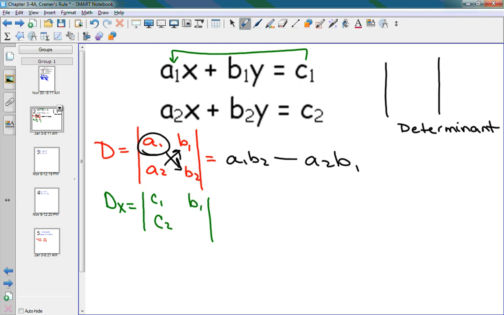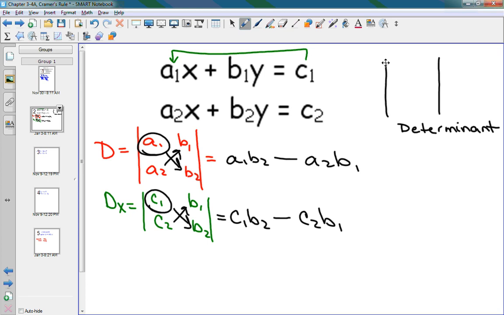My Y coefficients are B1 and B2. How do you evaluate a determinant? Starting where? Top left-hand corner is equal to C1 B2. What goes in after that, every time? Minus the other diagonal, which is going to be C2 B1.